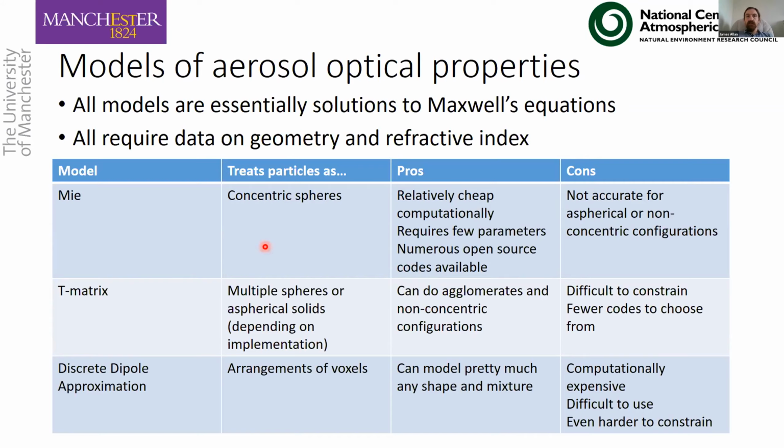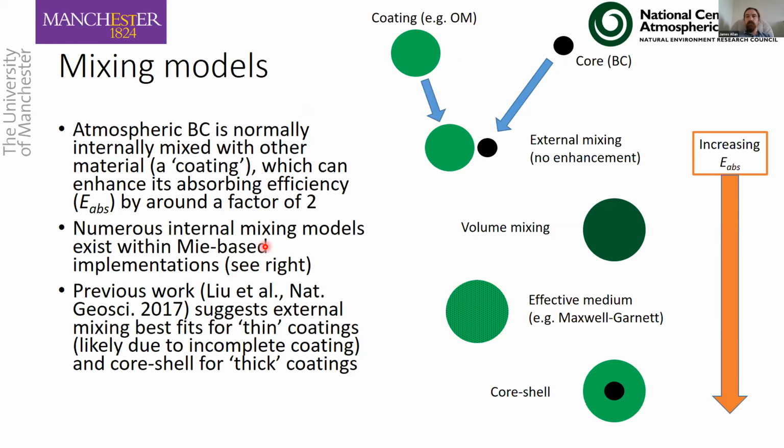So the most common model being used is Mie, which models concentric spheres. You can also do mixtures, and we do know that black carbon particles tend to be mixtures. There are various approaches in the literature that model the effect that the non-black carbon material can have in enhancing the absorption efficiency of the black carbon.